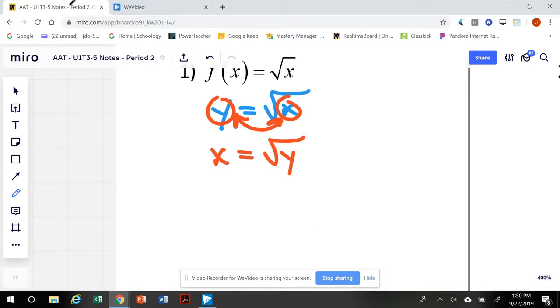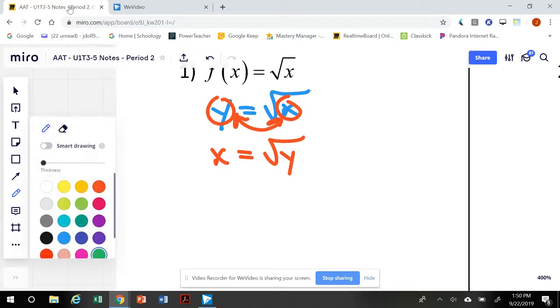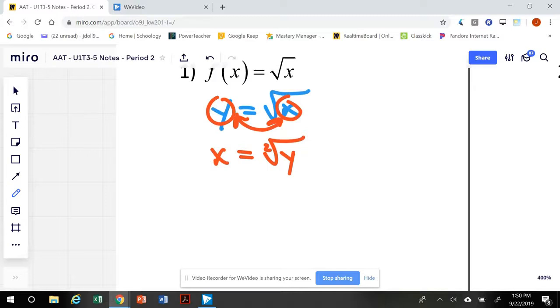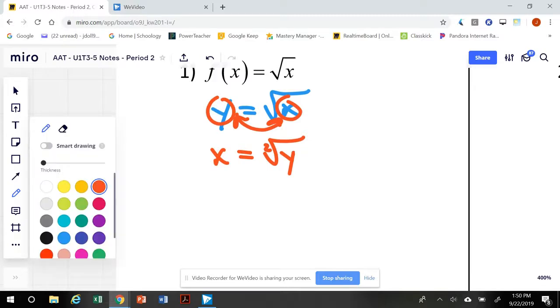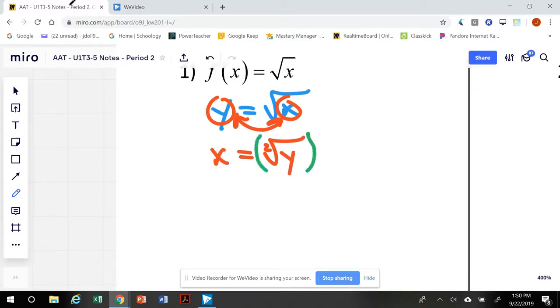Well, this is a root of 2, a square root, a root of 2. And if you think back to algebra, we cancel a square root with an exponent of the same value. So I use a power of 2 to cancel a root of 2, but whatever I do to one side of the equation, I have to do to the other. So what I end up with here is x squared equal to y.